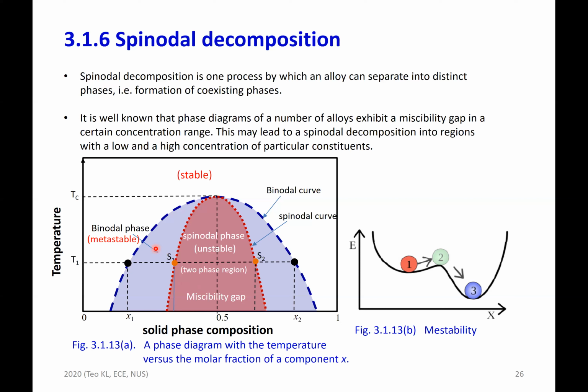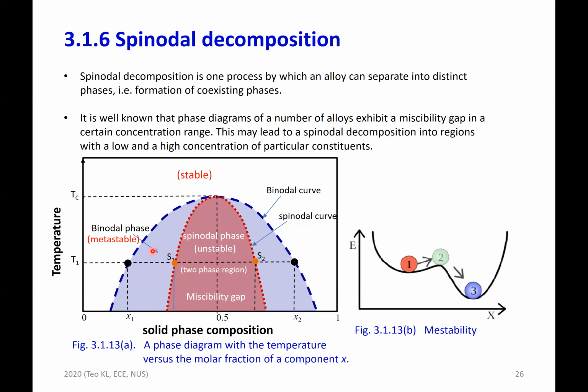So growth techniques such as molecular beam epitaxy, sputtering, and metal organic vapor phase epitaxy deposition are typically far from equilibrium, which is the stable phase. And usually it's in the metastable phase for such deposition techniques.